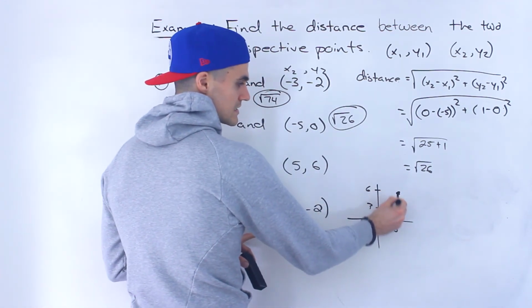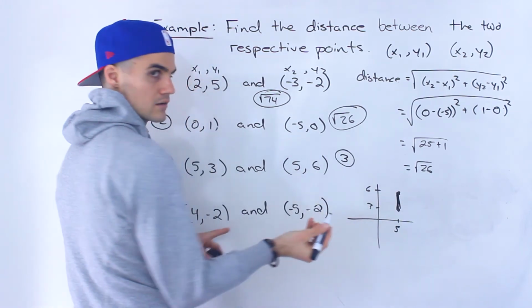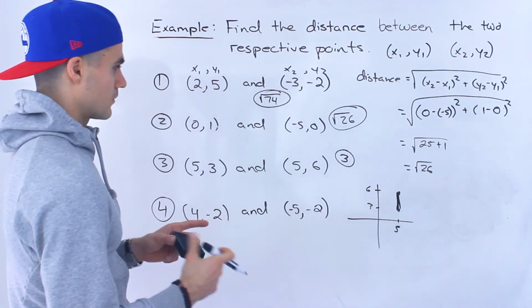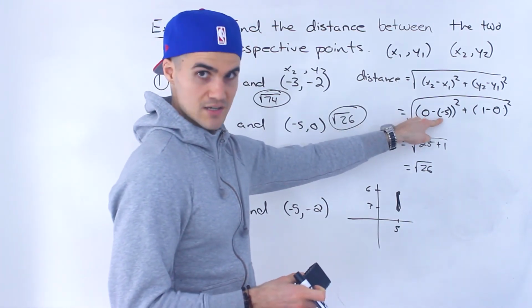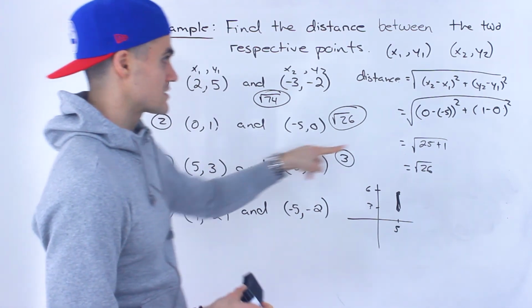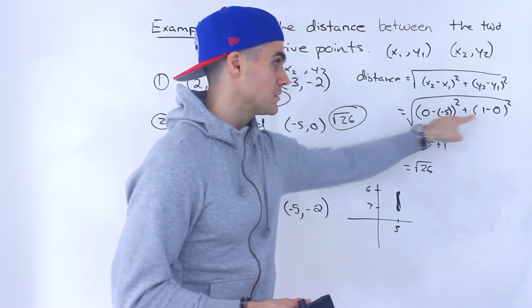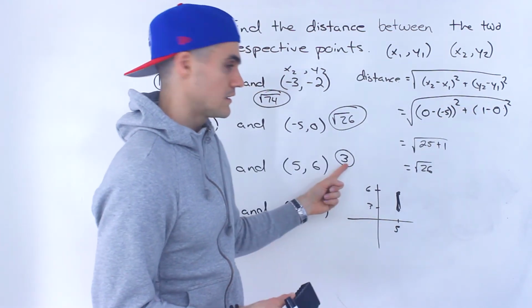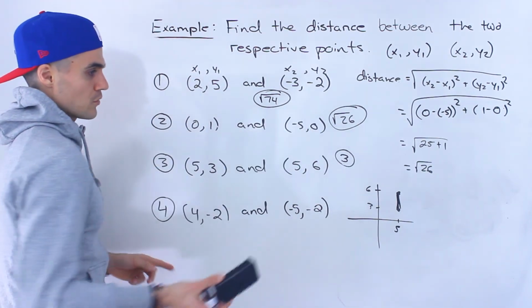So we could tell visually that the distance is just going to be 3. But if you wanted to plug it into the formula, you'd have 5 minus 5, which is 0, when you subtract the x values, and then 6 minus 3, which is 3. 3 to the power of 2 is 9. 9 plus 0 is 9. Square root of 9 is 3. So even if you plug it into the formula, you get the same thing.